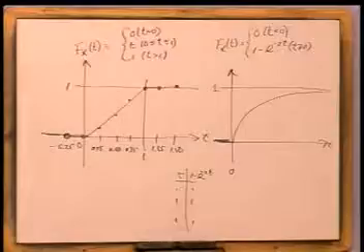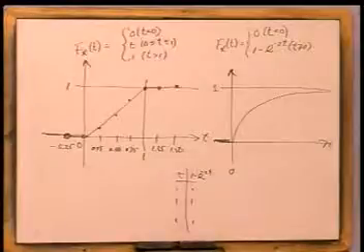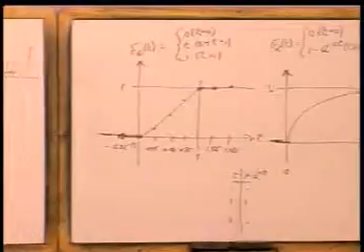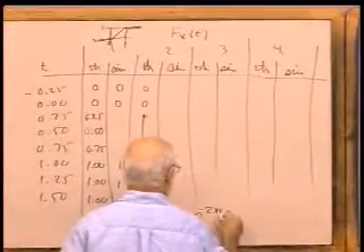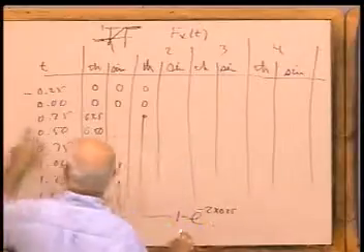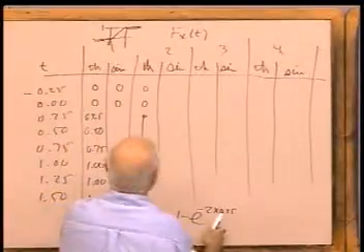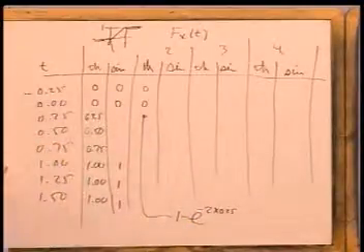So this value, of course, is going to be 0. This value is going to be 0. This value is going to be 1 minus e to the minus 0.25 times 2. Right? This value right there. 1 minus e to the minus lambda, which is 2, times 0.25. That's the value of t. So whatever that number is, that's what sits in there.